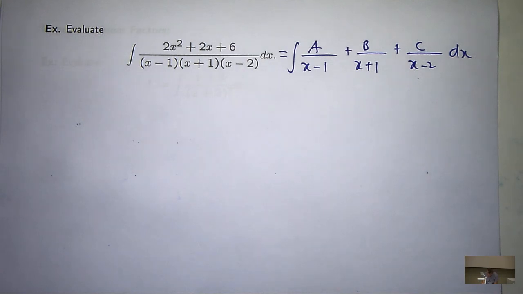So for some big A, big B, big C, I'm desperate to calculate their values. So can we use the Heaviside method here? Yes, we can. It's just a little game of cover-up. That's all it is. So I'm just going to go straight to it now.